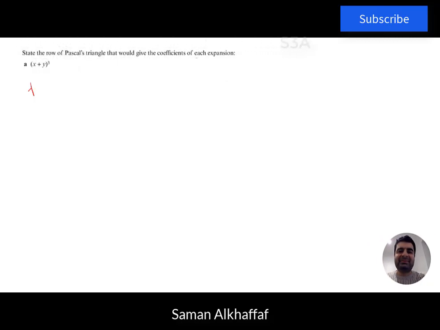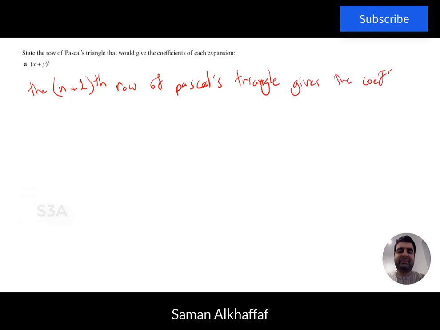That means the (n + 1)th row of Pascal's triangle gives the coefficients in the expansion of (a + b) to the power n.